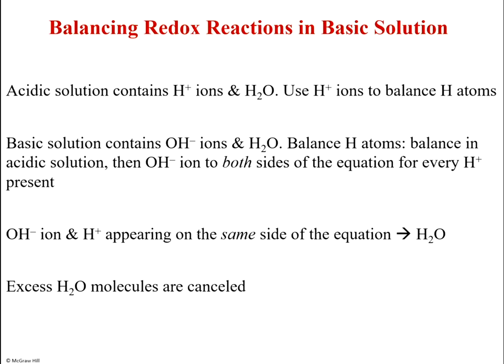And in order to balance the hydrogen atoms, we need to balance all of the acidic protons, so we add hydroxide to both sides of the equation for every proton that is present. And then we combine any hydroxide and protons that appear on the same side of the equation, and we'll produce water with that. And then the excess water molecules are canceled. You can do practice problems to illustrate this to yourself.